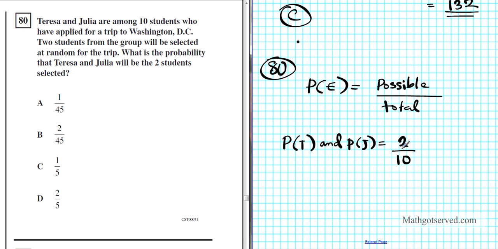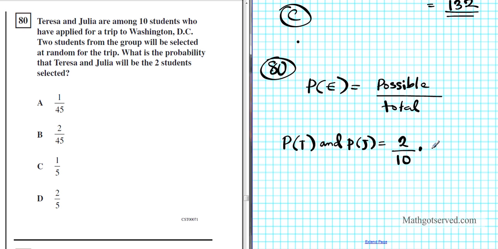Okay, so I'm picking only 2 students, and what is the probability that it is going to be Teresa? So it's going to be 2 out of 10. All right, and then for the next selection, it could be Julia or it could be Teresa, but if we're selecting only 2 people, one person has already been selected.